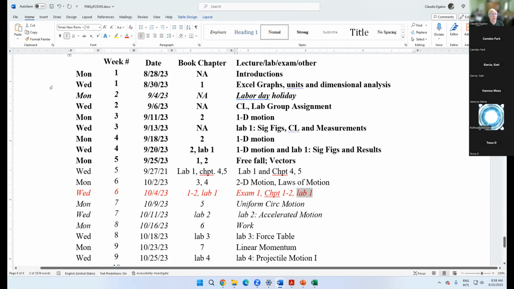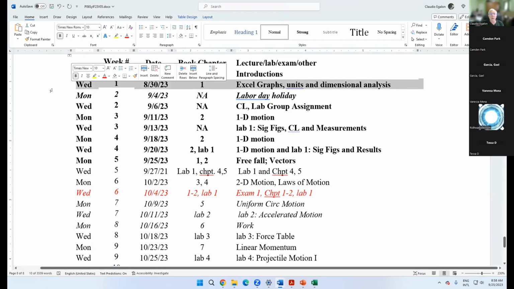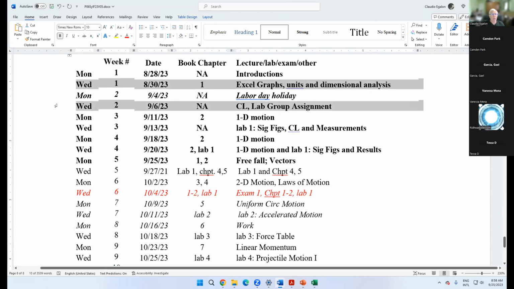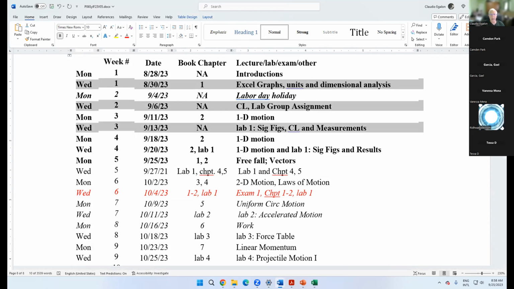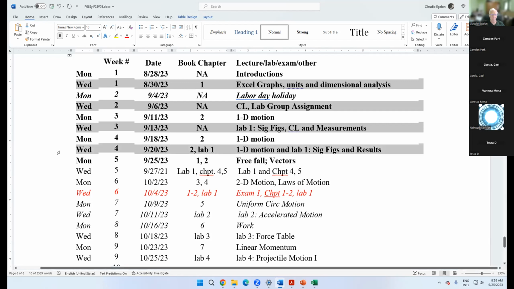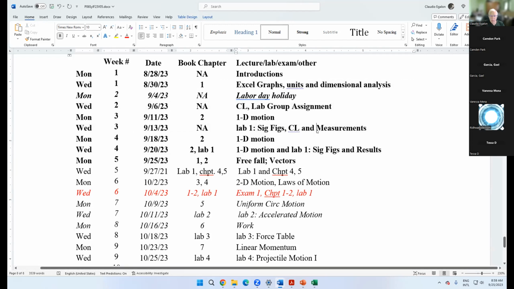By lab 1 I mean graphs, measurements, sig figs of measurements, and sig figs of results.